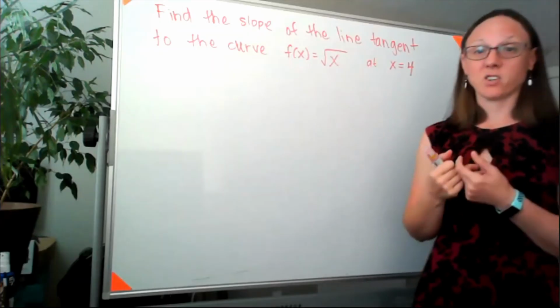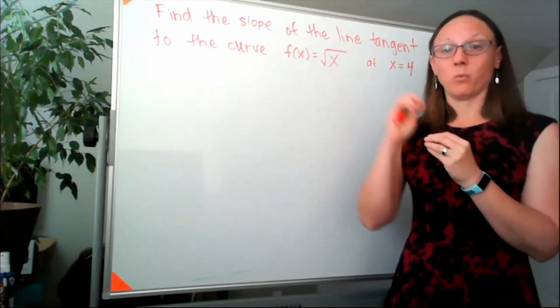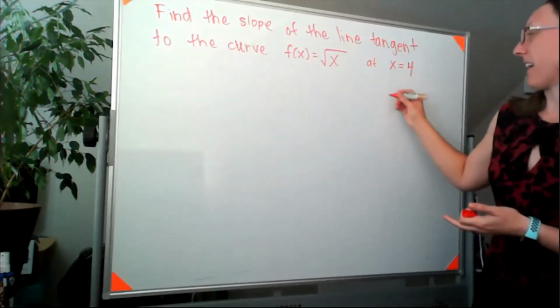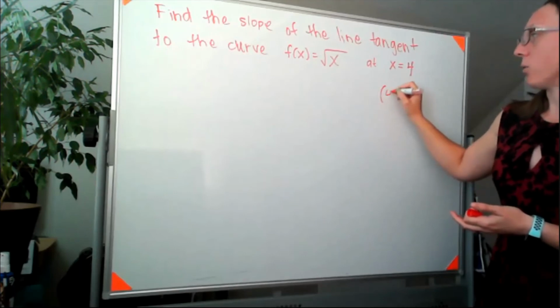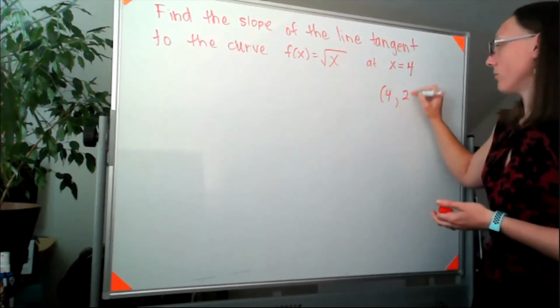I know that I have to start with 2 points. The point I was given and that fake point where I'm adding in a plus h. So the point that I was given here would be 4, comma, and then when I plug in 4, the square root of 4 is 2.